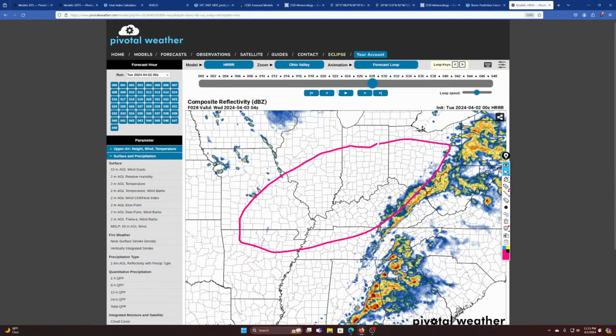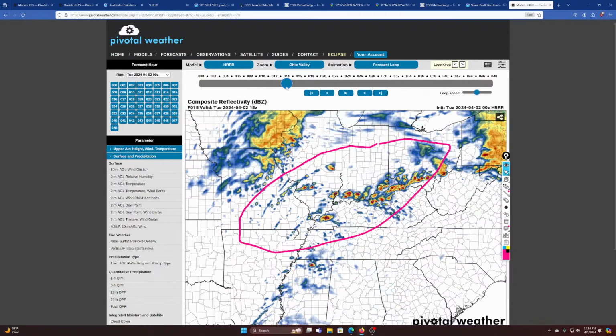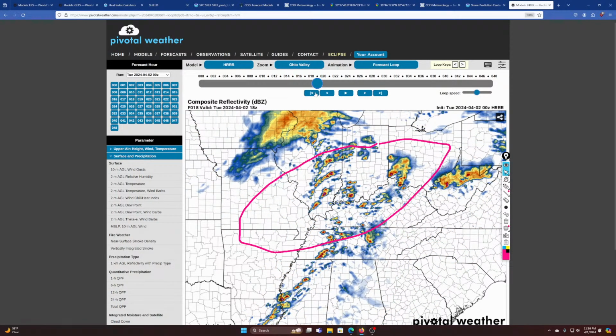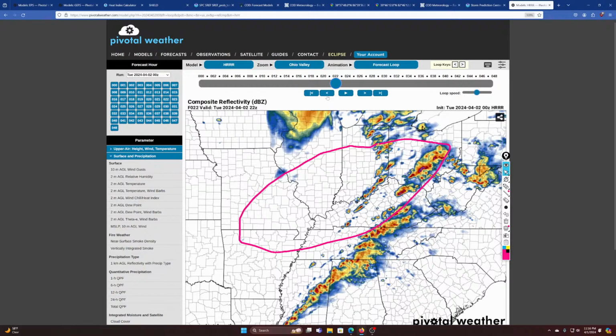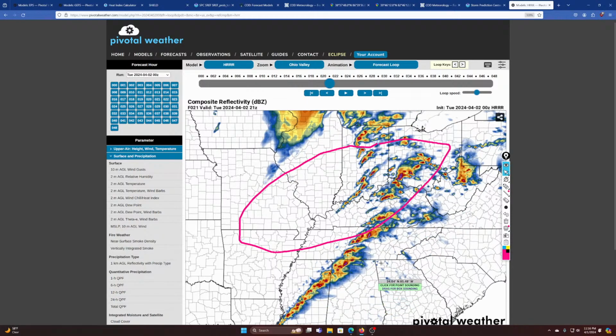Here's HRRR. Now another reason why I wouldn't chase like Mississippi, for example, here's 21Z Mississippi tomorrow, and you see how this is the area I took the sounding in Mississippi.